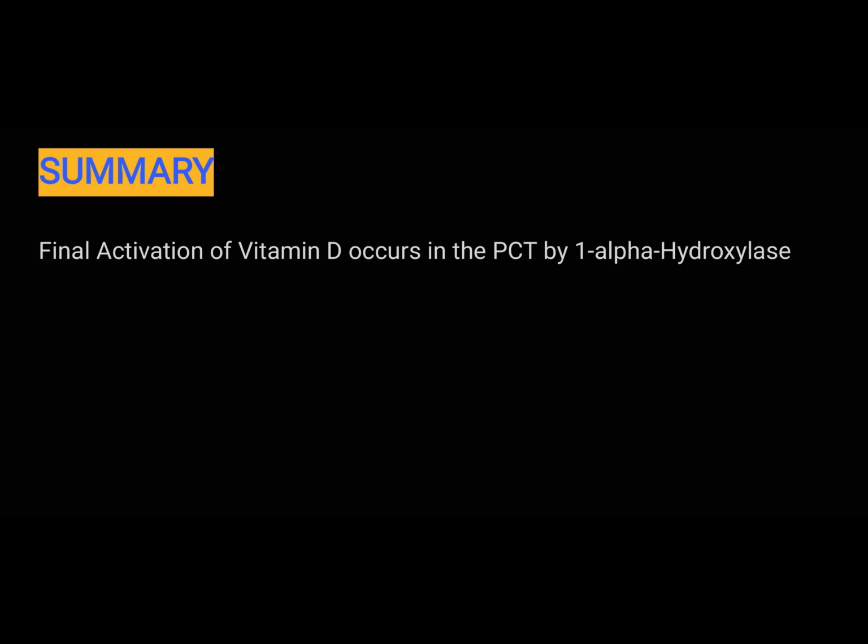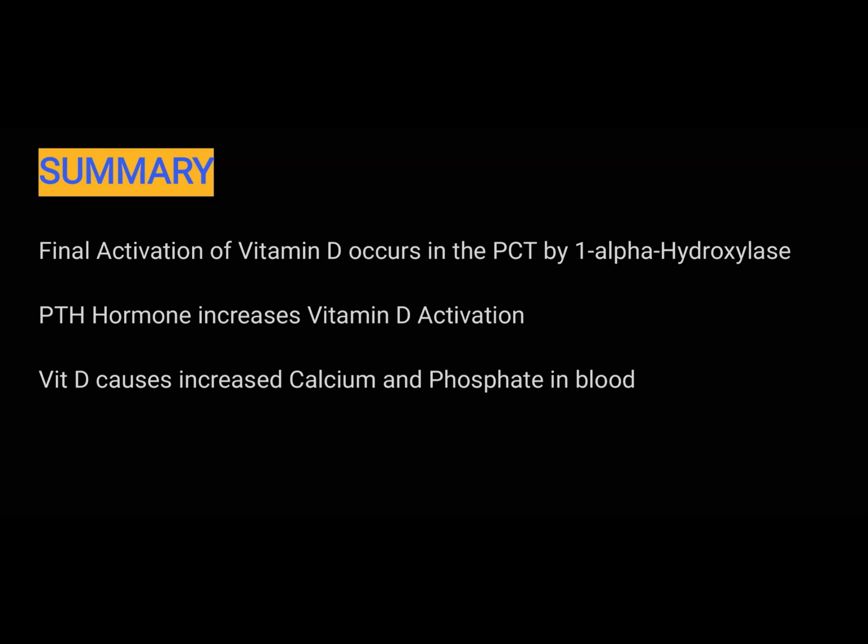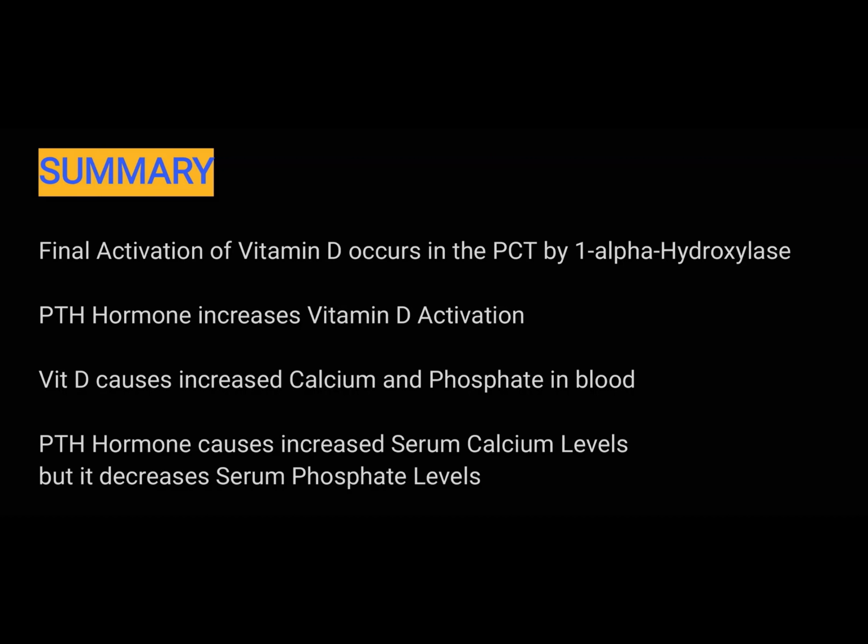This final step in the activation of vitamin D is also called as 1-alpha hydroxylation of vitamin D. Some part of the actions of PTH hormone is carried out by vitamin D, as PTH hormone increases the activation of vitamin D. Vitamin D increases the levels of both, that is, phosphate and calcium in the blood. But PTH hormone has opposite actions on calcium and phosphate levels. It increases serum calcium levels but decreases serum phosphate levels.